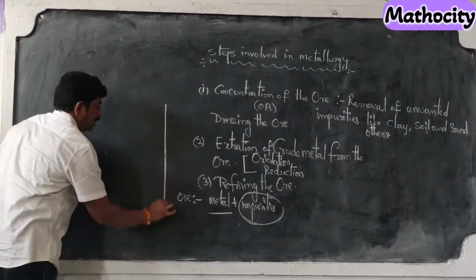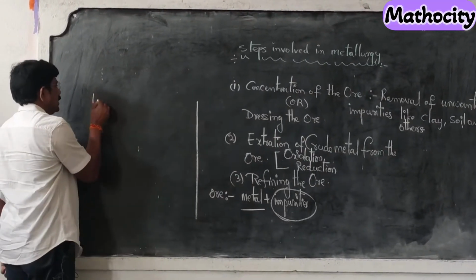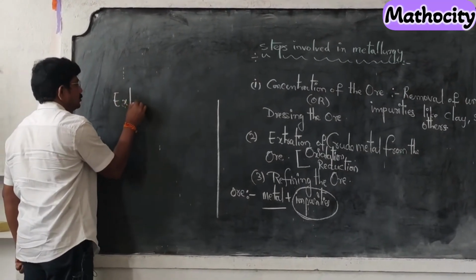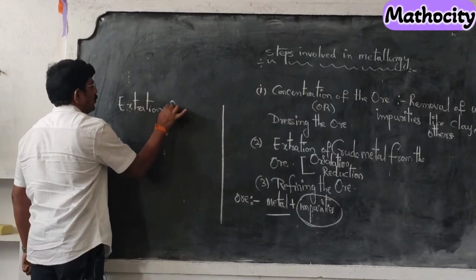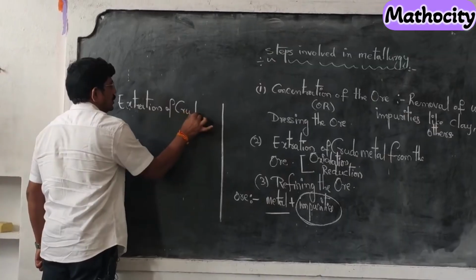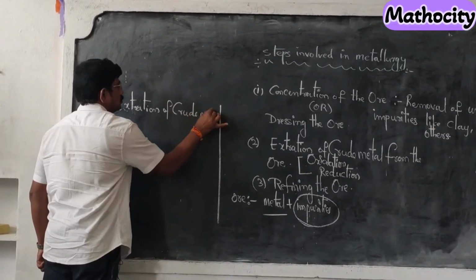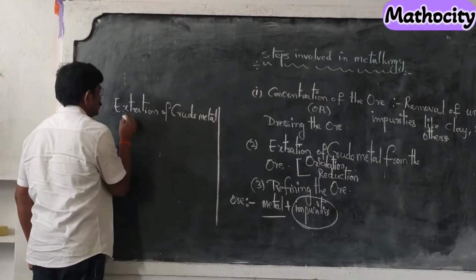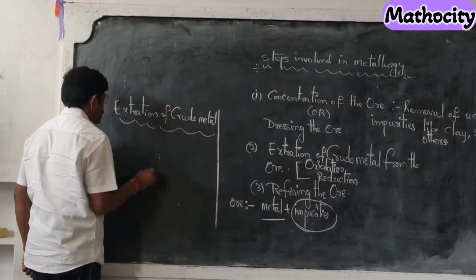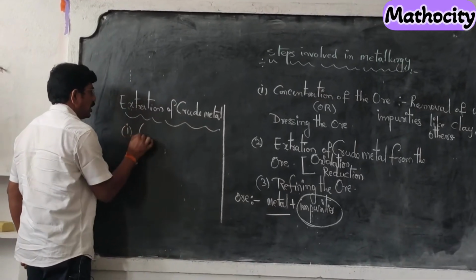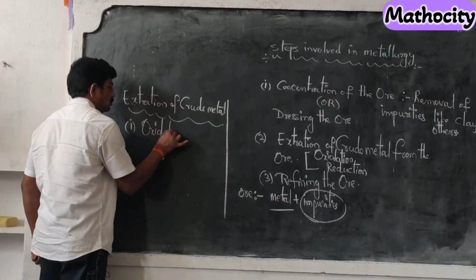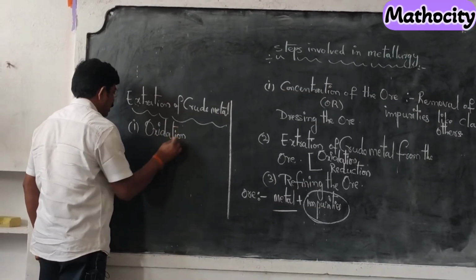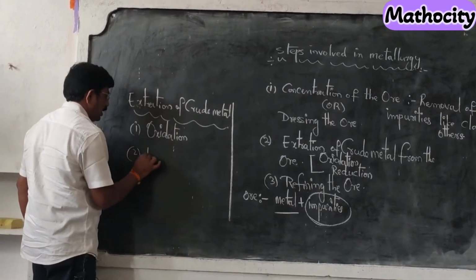Here I will define in details. Extraction of crude metal. It involves two steps. What are the two steps? First one is the oxidation. The second one is the reduction.